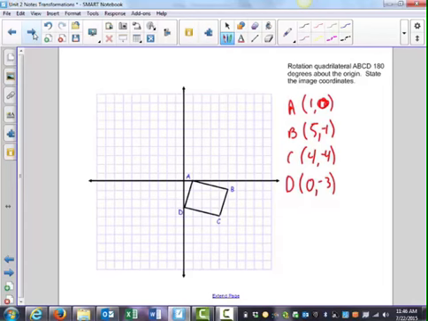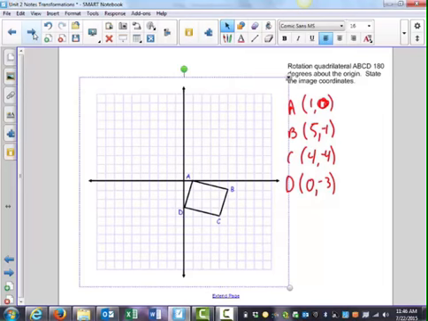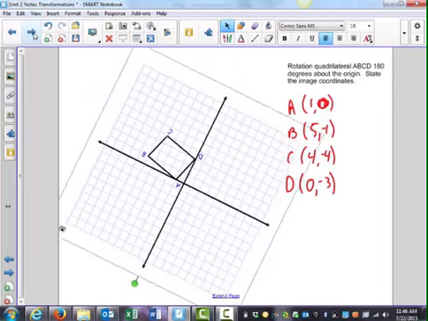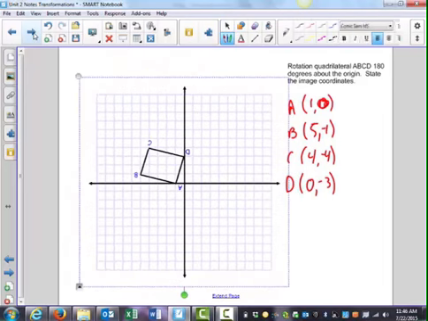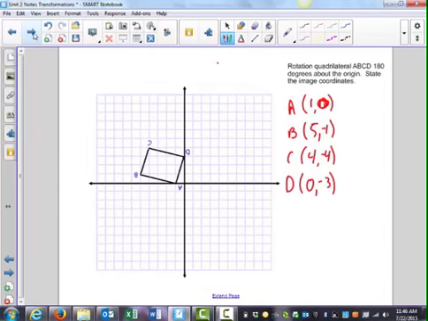Okay, so now what do we do? Well, we take our paper and we turn it all the way upside down because that's how we rotate 180. So my paper's turned all the way upside down. Now I graph those original points again. So there's A prime right there. Okay, B is 5, -1. There's B prime.